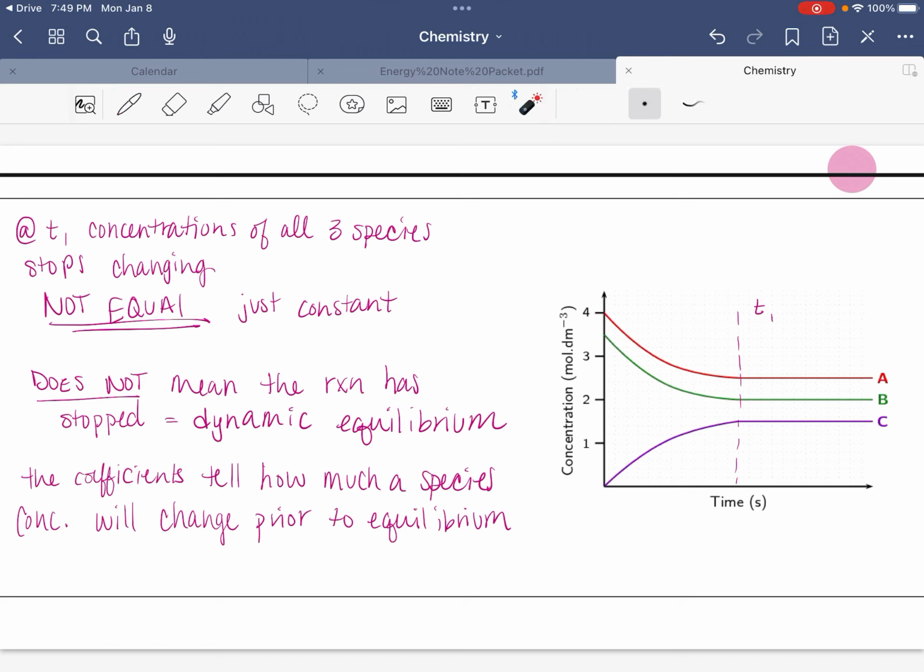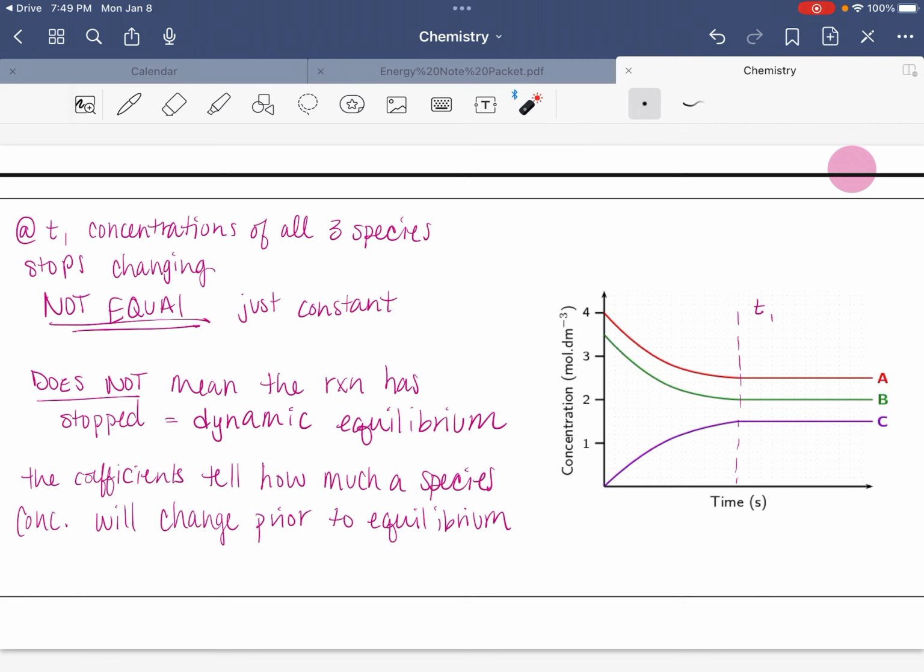If we look at this specific graph, notice that species A started out at a concentration of 4, and then it dropped to about 2.5, so it dropped about 1.5 moles per decimeter cubed. And B also dropped at that same rate. That's why they never crossed.